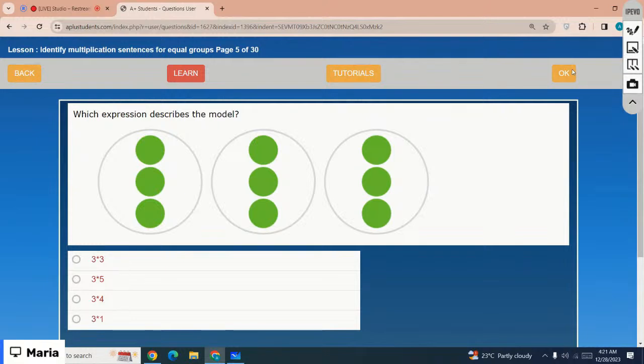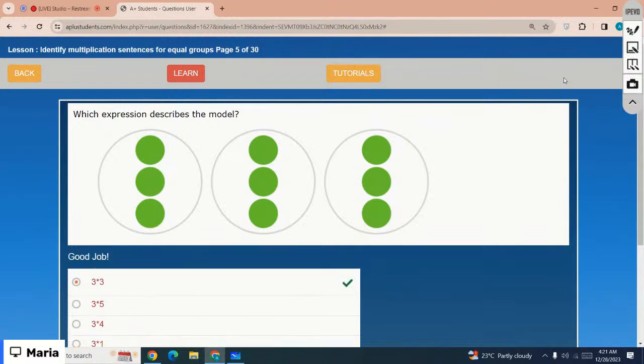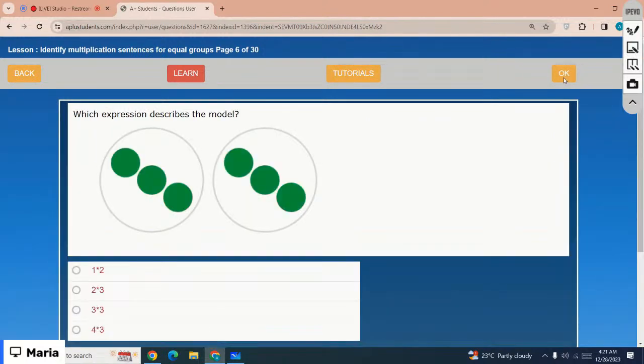That would be 3 times 3, right? Because you have 3 groups, and in every group you have 3 dots, so that would be 3 times 3, right? Very good. Okay, which expression describes the model? Which is the correct option?